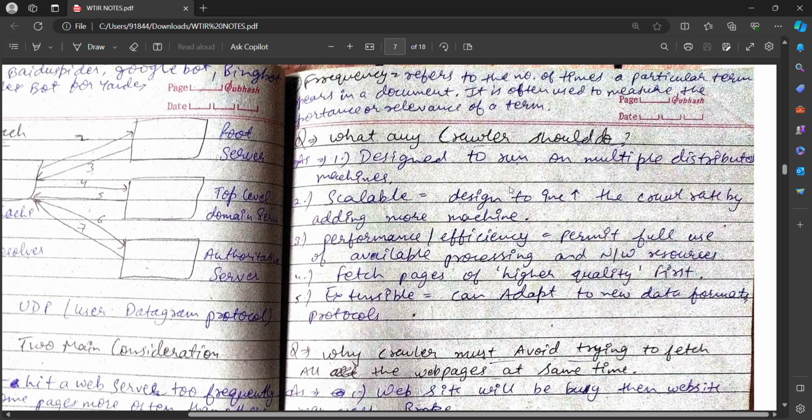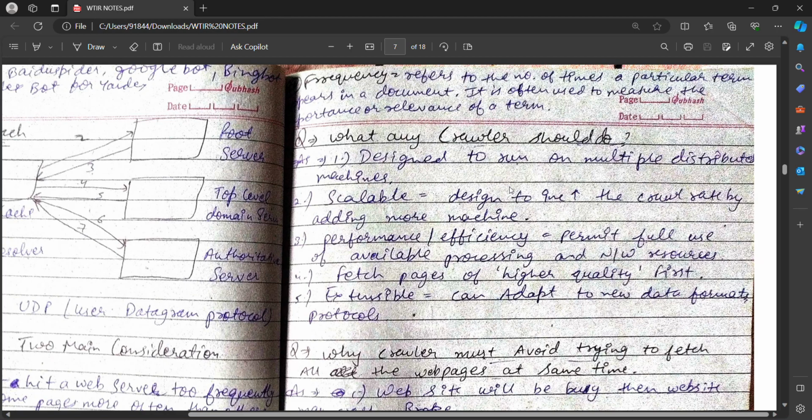We have lots of web pages nowadays. Every day new web pages are being added; someone is publishing their website, so there is a huge number of web pages now. It is impossible to store web pages on a single machine because the number of pages is increasing, so we need multiple machines to store these web pages.